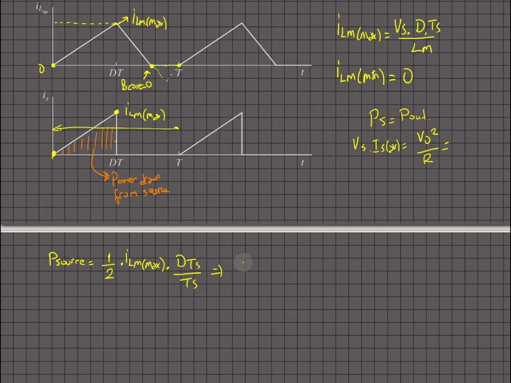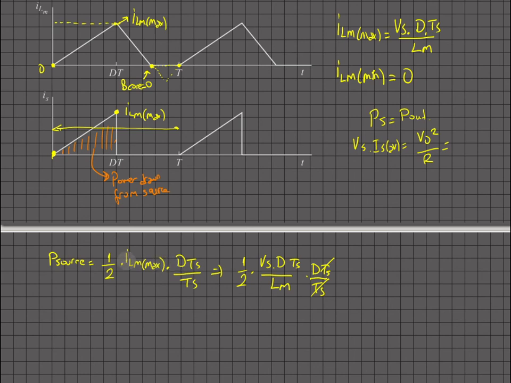I can write 1/2 times Vs times dTs divided by Lm. That dTs is for the current, and that Ts is for the integral, and that one is to find the average. There are lots of dTs, don't get confused with that one, and actually that one and that one get cancelled out.